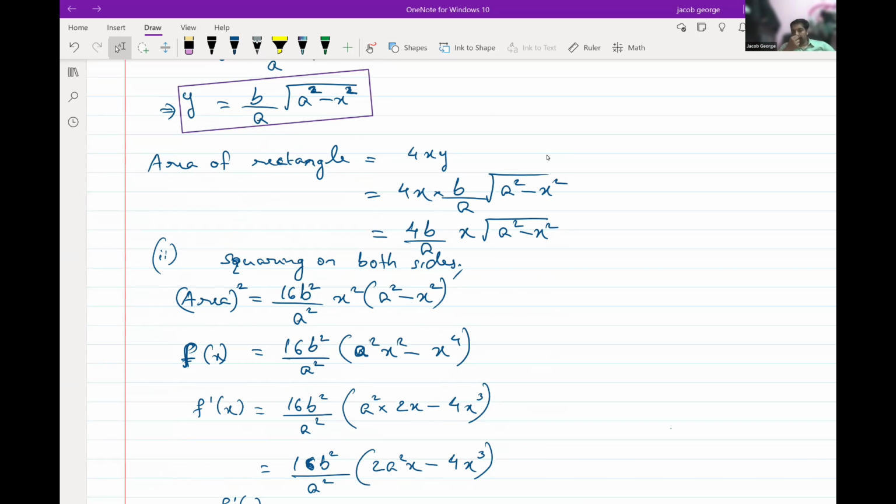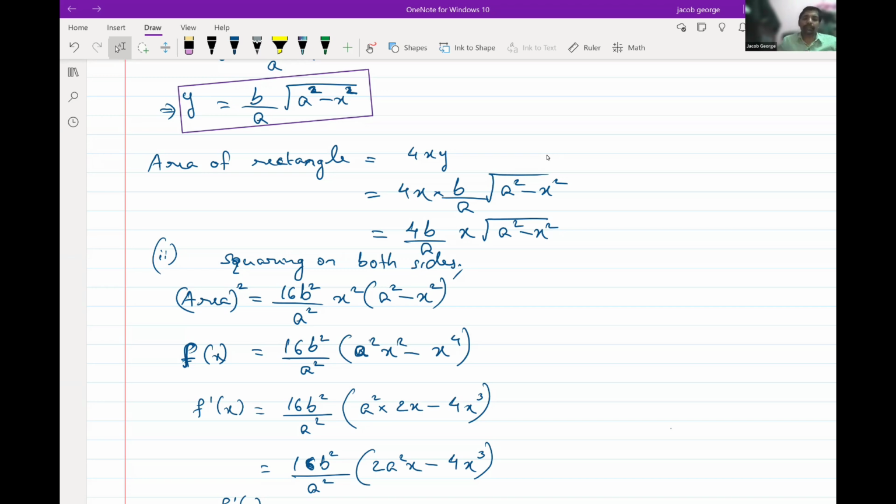Area square is equal to 16b square by a square, then x square into a square minus x square. So when we open the bracket, we get 16b square by a square into a square x square minus x raised to 4.